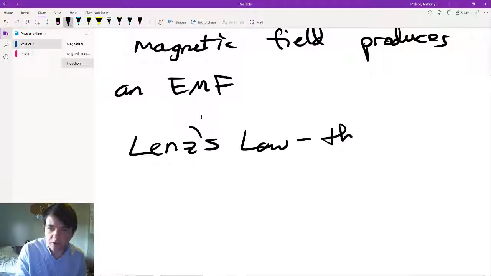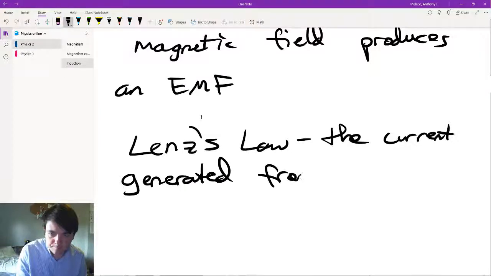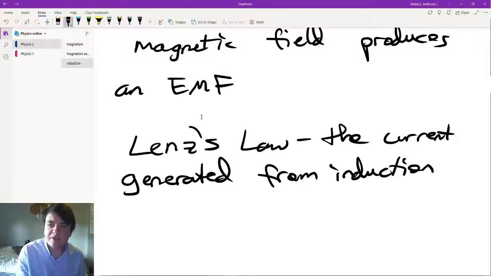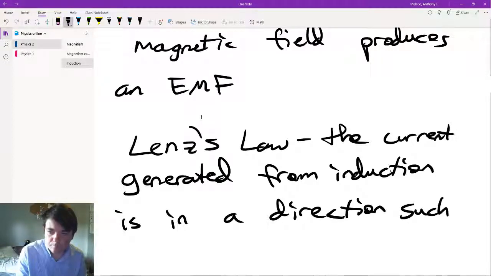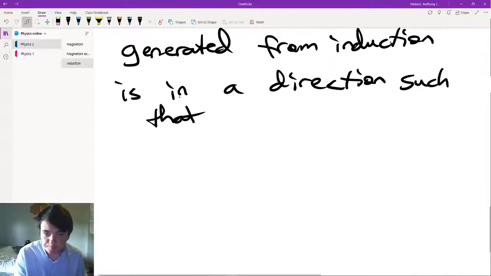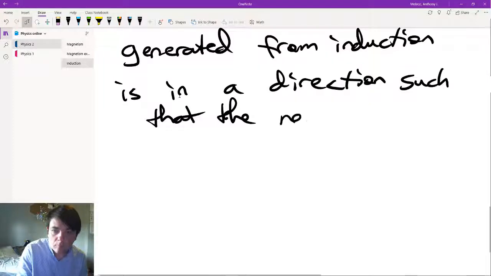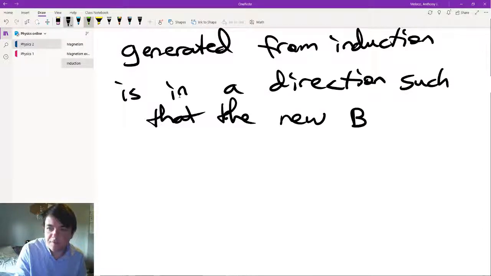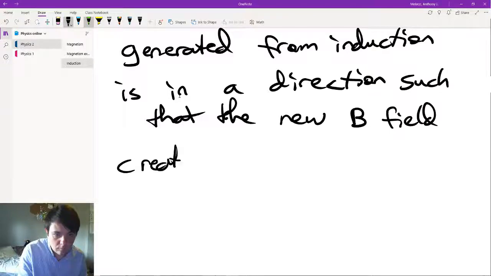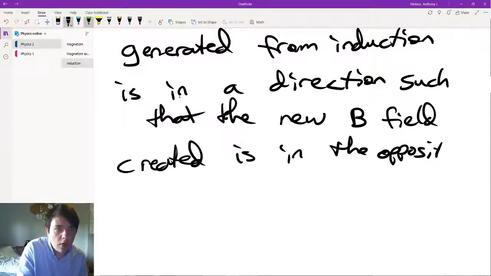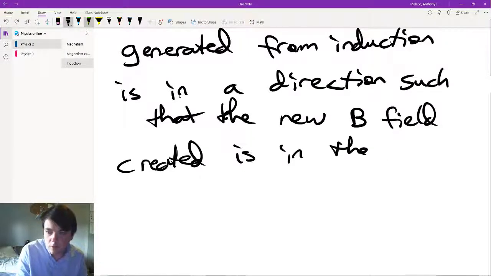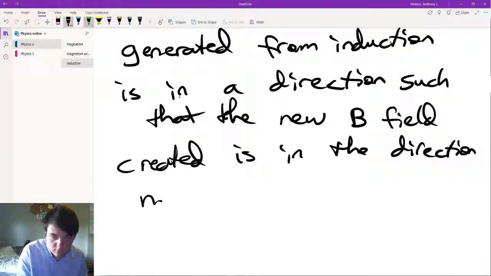So Lenz's law says that the current generated from induction is in a direction such that the new B field created is in the direction necessary to stop the changing original B field.